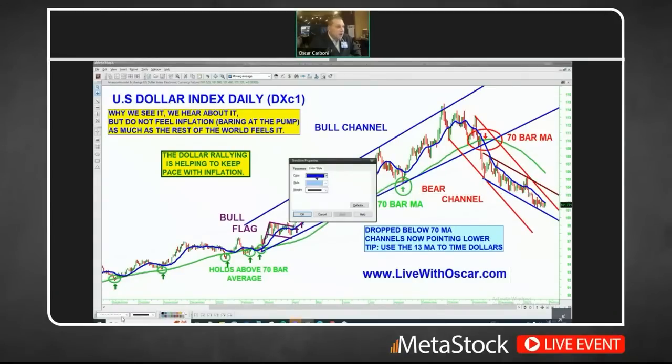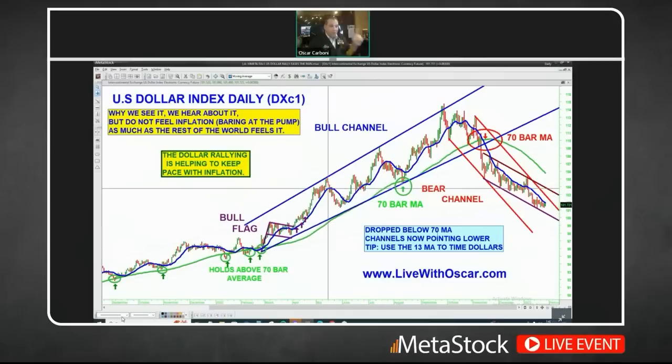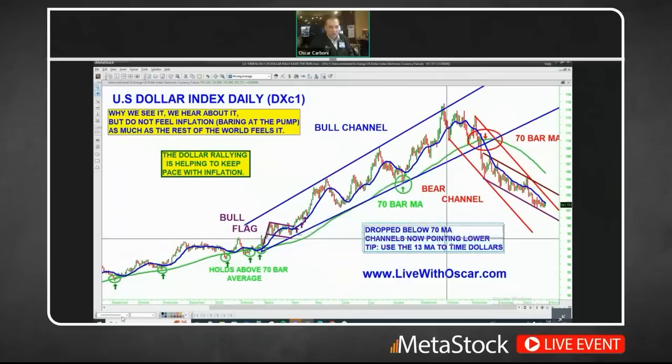So now we are no longer doing what we were doing, which was moving up in our dollar index. Now we are moving down, and that is clear as can be. But the trick is, you used to use the 70 bar moving average to time your dollars. Now you will be using the 13 bar moving average to time your dollars and sell rallies inside of this ugly looking environment.